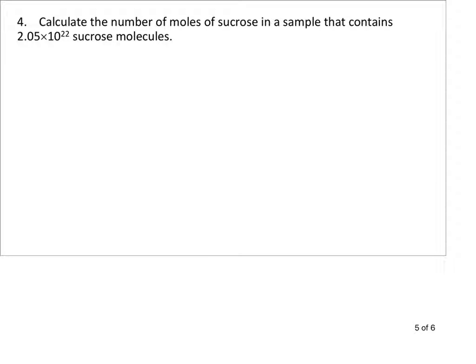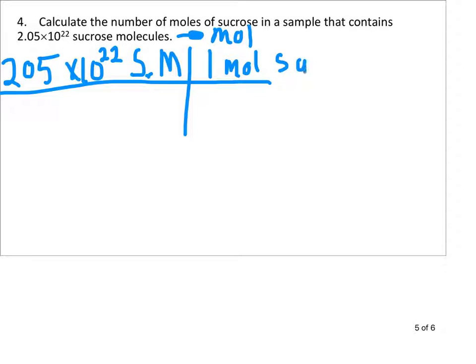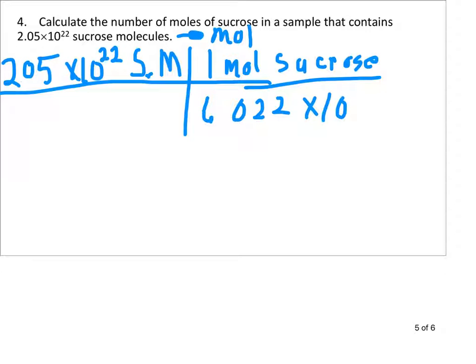This time we're going to go from sucrose molecules to moles. So 2.05 times 10 to the 22nd sucrose molecules. 1 mole of sucrose is 6.022 times 10 to the 23rd sucrose molecules.